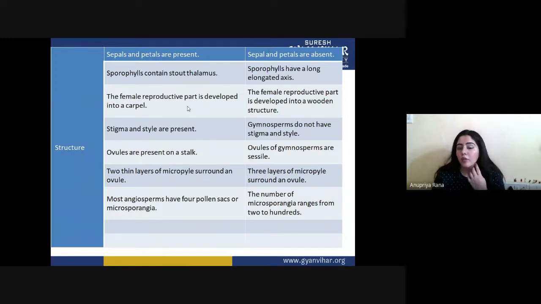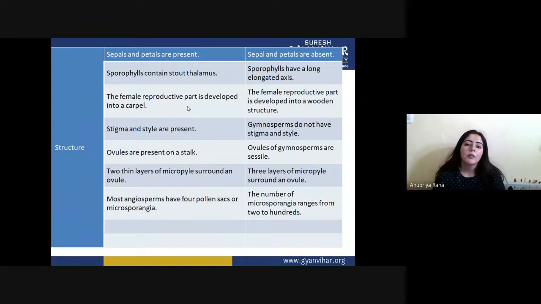But in gymnosperms, they have a long elongated axis, because the whole sporangia formation, whether microsporangia or megasporangia, whatever kind of sporangia is going to form, has to be present on that axis. That's why gymnosperms have that long elongated axis. But angiosperms already have this special structure to be converted into reproductive organs, so they do not need a long elongated axis.